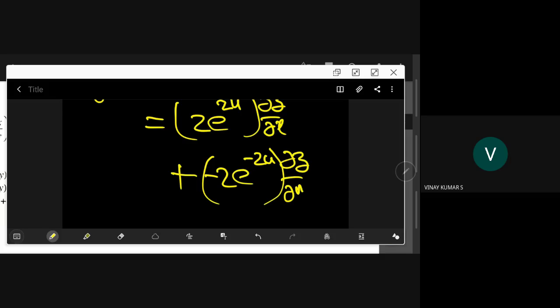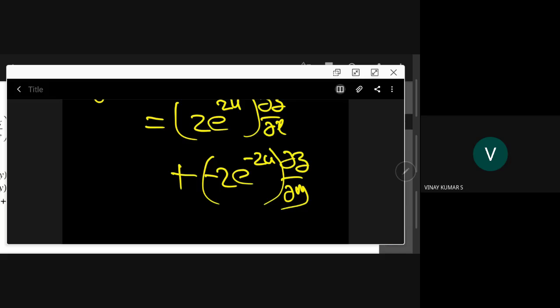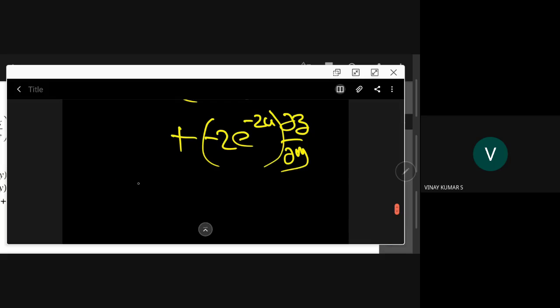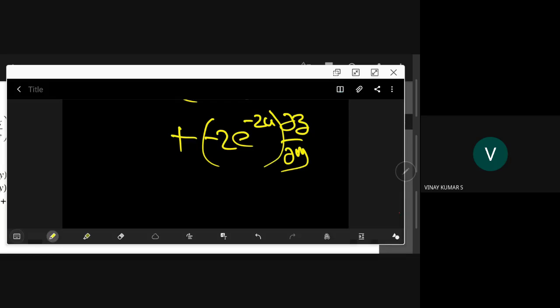But z is nothing but f, so it is equal to 2e^(2u) f_x − 2e^(−2u) f_y.